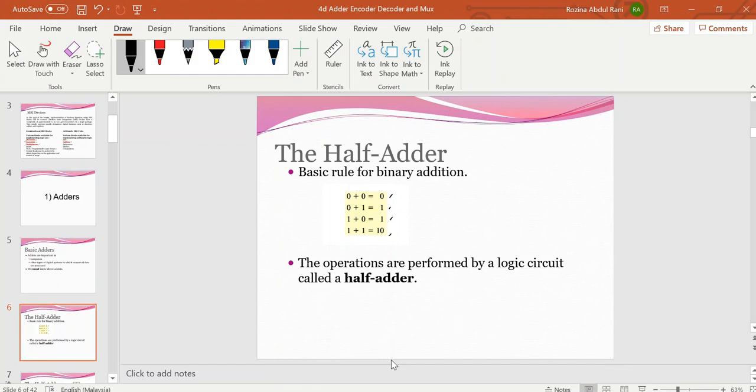For this one, 1 plus 1 in decimal is equal to 2. But in binary, 2 is equal to 10.